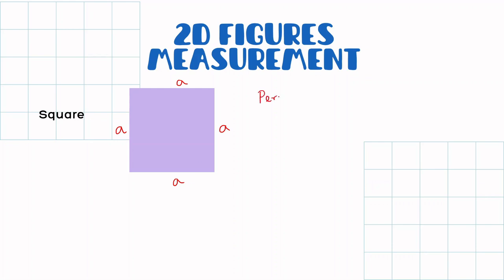Perimeter will be A plus A plus A plus A. So it will be 4A. And what will be the area? Area will be A into A, that is A square. Why A into A? Because here length and breadth are the same and they are equal to A.